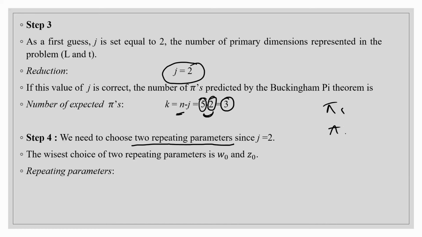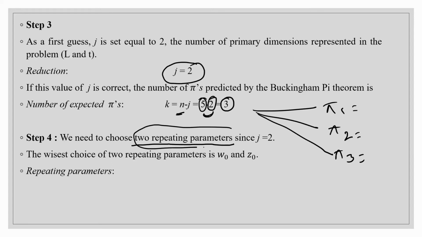There will be pi 1, pi 2, pi 3, because we are expecting 3 dimensionless groups, and in every dimensionless group there must be 2 repeating parameters. So what are the 2 repeating parameters? This is the main problem in the Buckingham pi theorem.